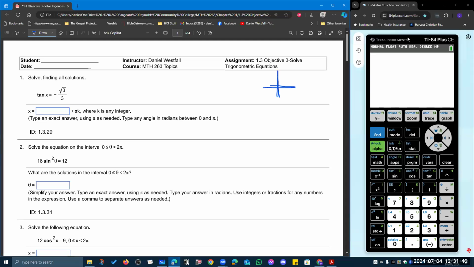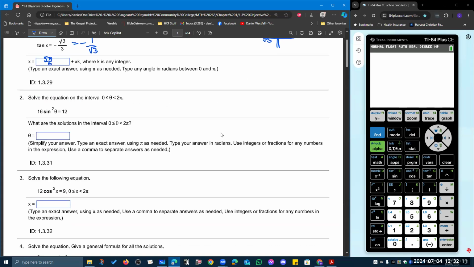That's where they want this. And they want the tangent value to be equal to a -1 over root 3 is what that is. So opposite over adjacent, that's going to be a reference angle of pi over 6. So this is going to be 5 pi over 6.